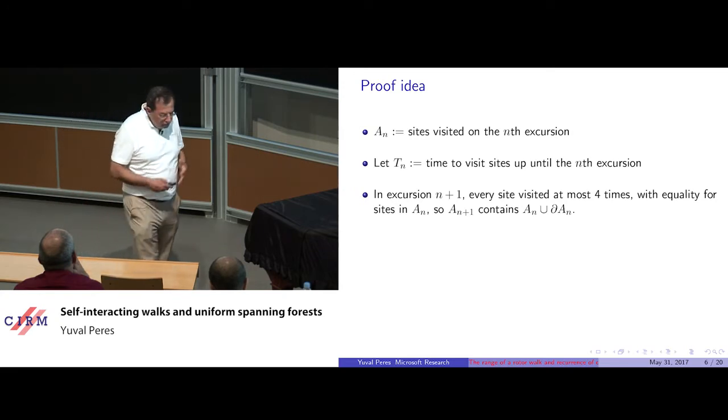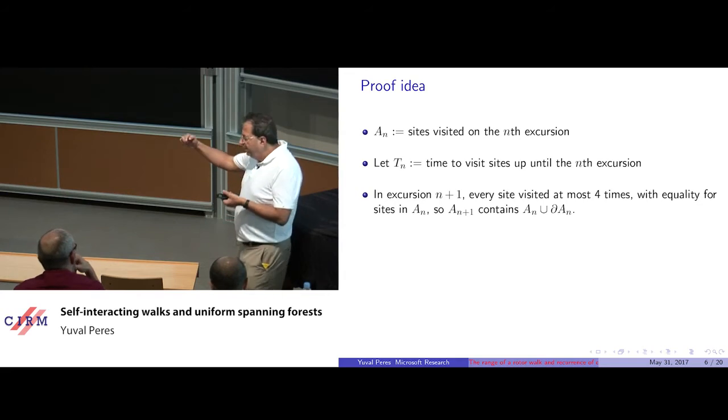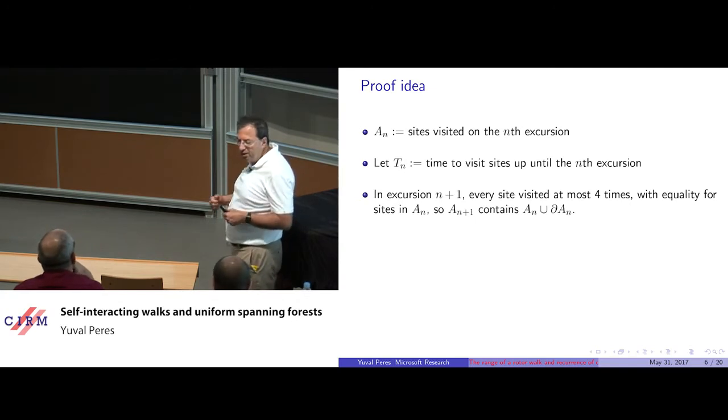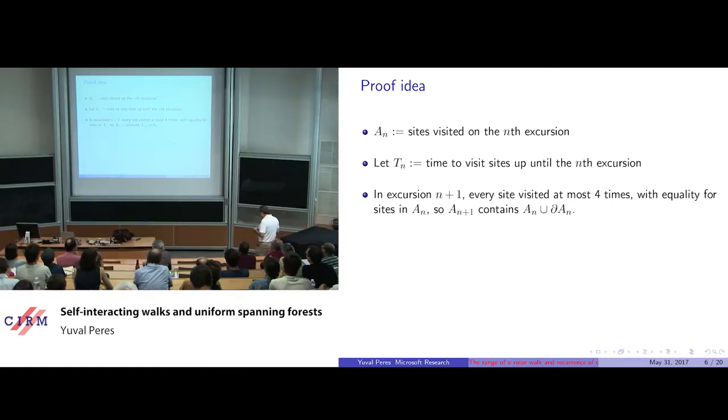So just to say, the combinatorial key to this is that every vertex that has a path pointing to the origin will be visited 4 times. So when we start an excursion, if a site has a directed path to the origin, then that site will be visited 4 times. So this you can check by induction along the path.